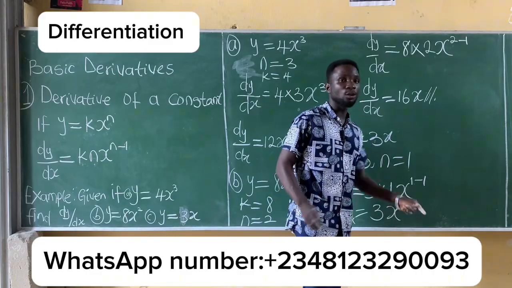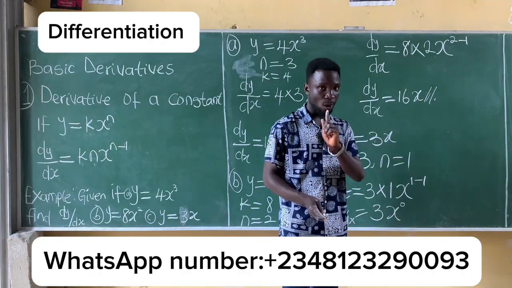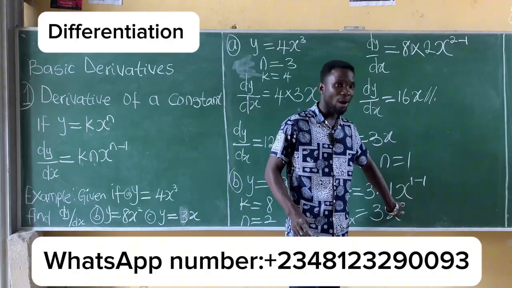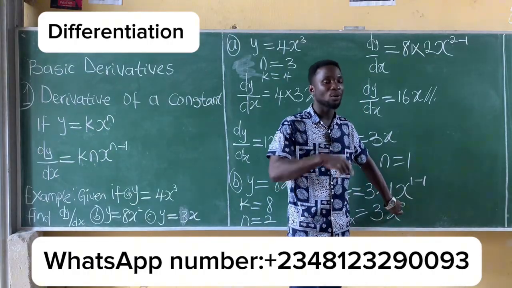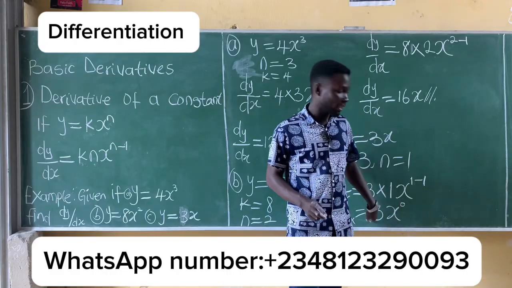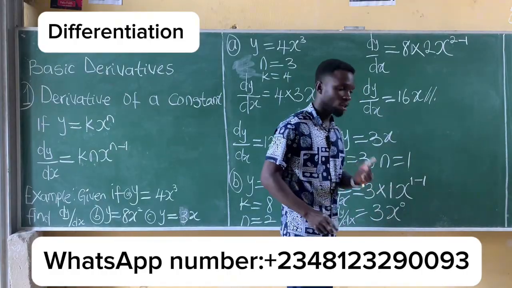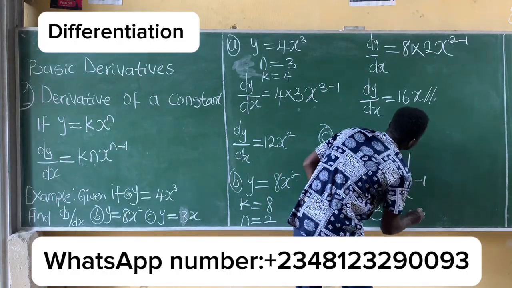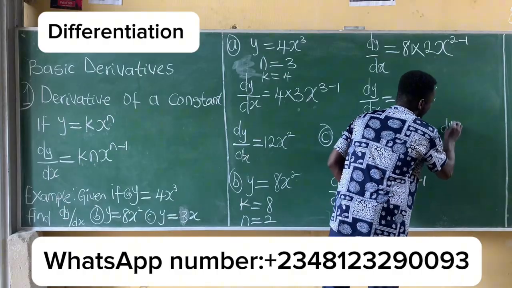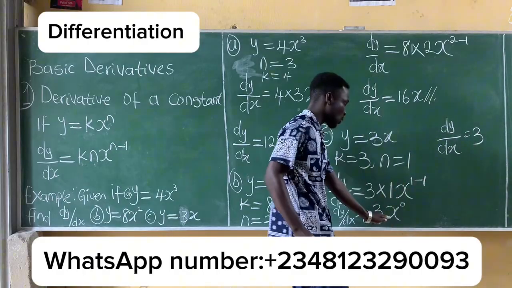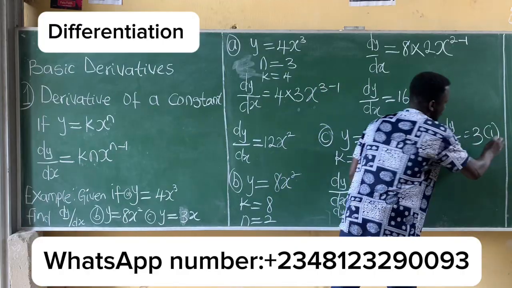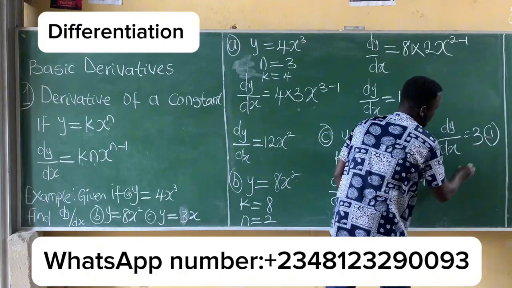I will say that x raised to the power of 0 is 1, right? So if x raised to the power of 0 is 1, 3 times 1 will give us 3.